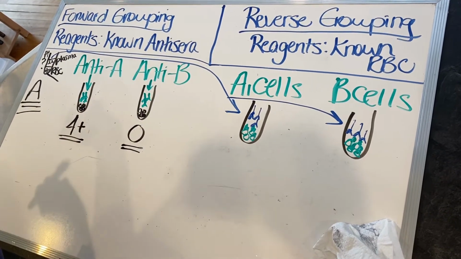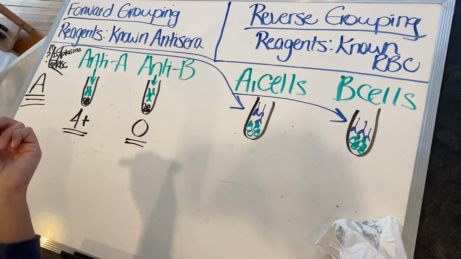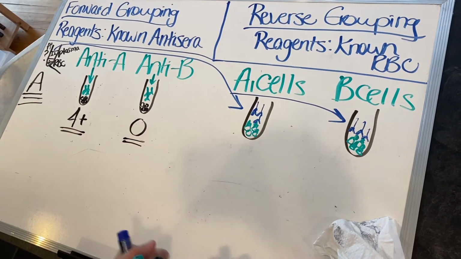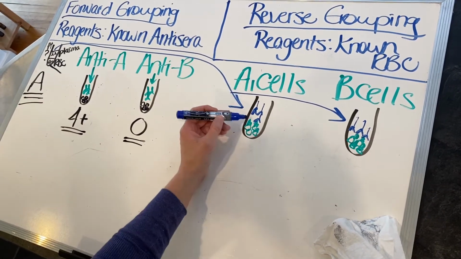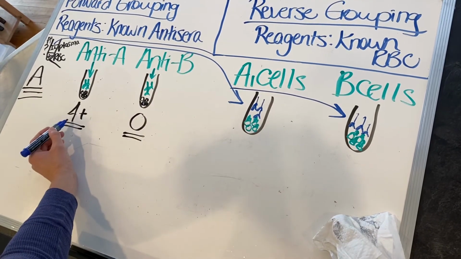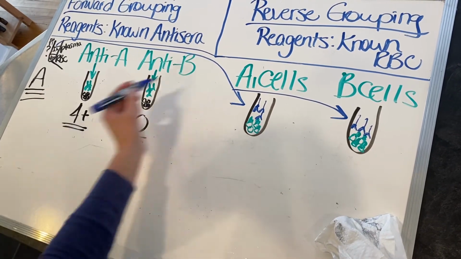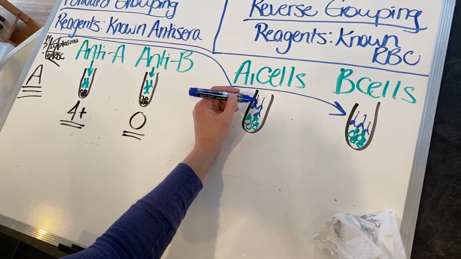So if they have A antigens on the red cell surface, they're going to have anti-B in their plasma. So if we know that, if we add their plasma to this tube with A1 cells, these antibodies should be anti-B. They should be the opposite of their blood type over on this side from the forward. So if we're assuming that they're group A, these should be anti-B antibodies.